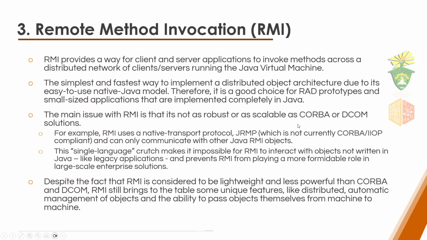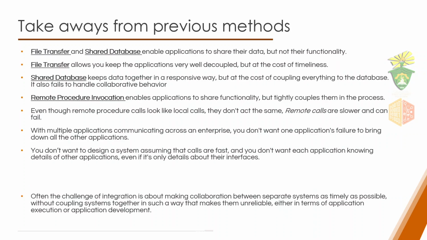Despite the fact that RMI is considered to be lightweight and less powerful than CORBA and DCOM, RMI still brings to the table some unique features, like distributed garbage collection, automatic management of objects, and the ability to pass objects themselves from machine to machine.